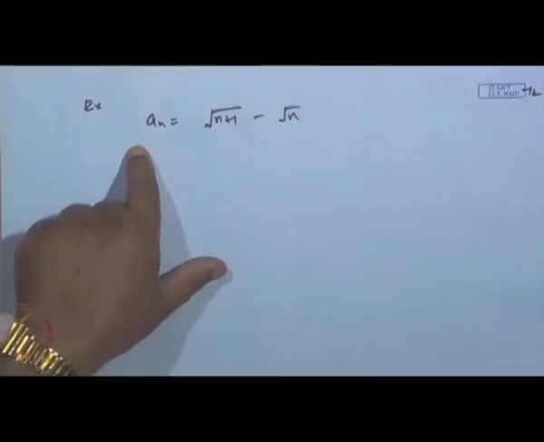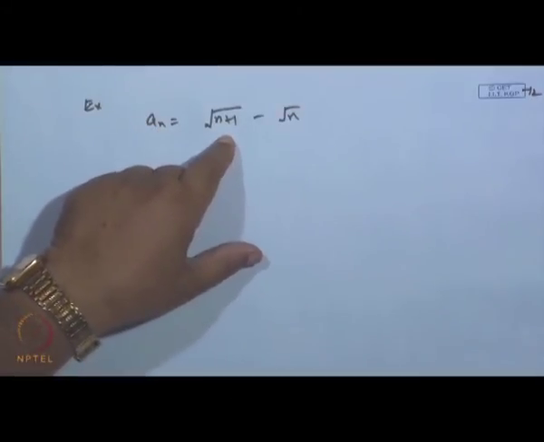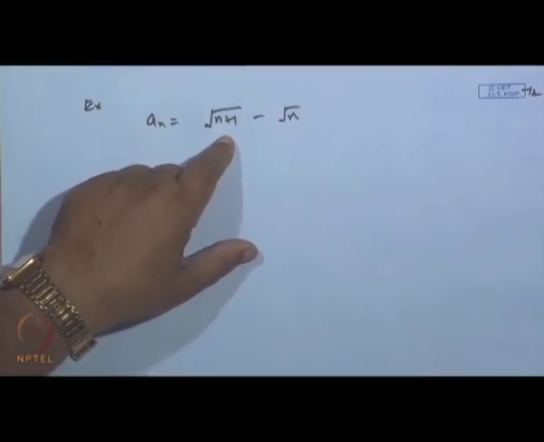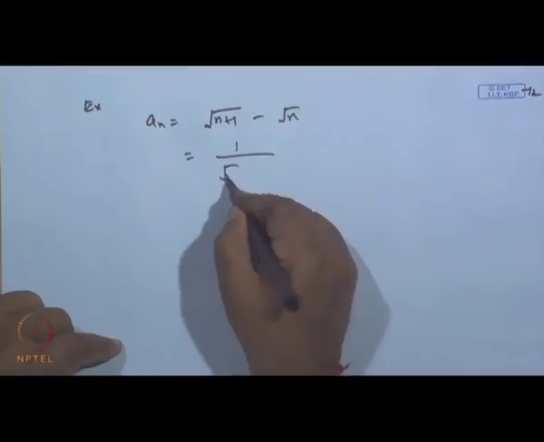If you take the limit as n tends to infinity, you get infinity minus infinity, which is indeterminate, but if we manipulate it, we divide and multiply by the conjugate.